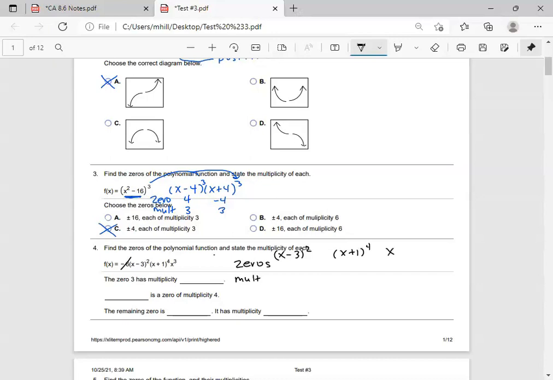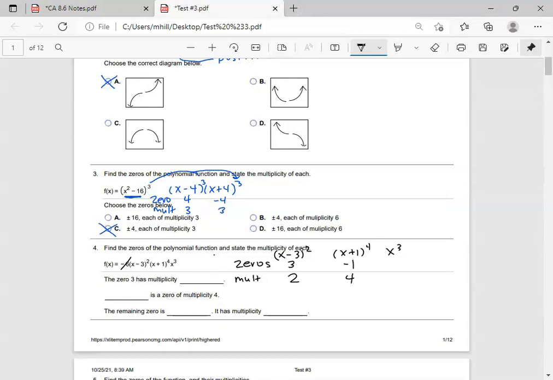That has an x in it, and x to the 3rd. So remember that the zeros are opposite of whatever's in here. So if the factor is x minus 3, the 0 is going to be 3. And that 3 has a multiplicity of 2 because that's what the exponent is. For x plus 1, the opposite of plus 1 is going to be minus 1 with a multiplicity of 4.